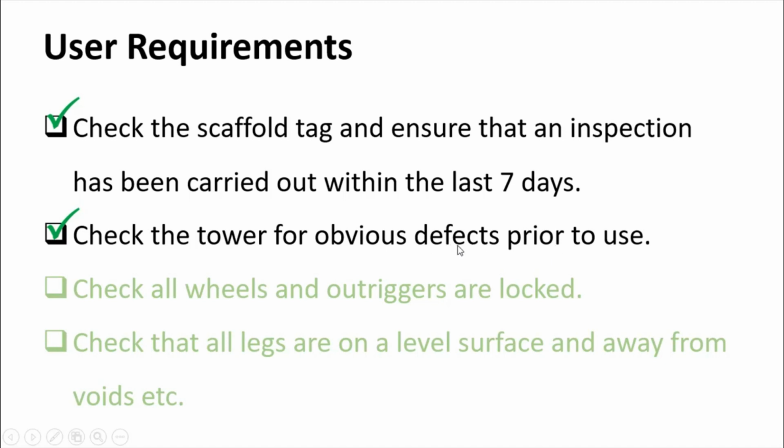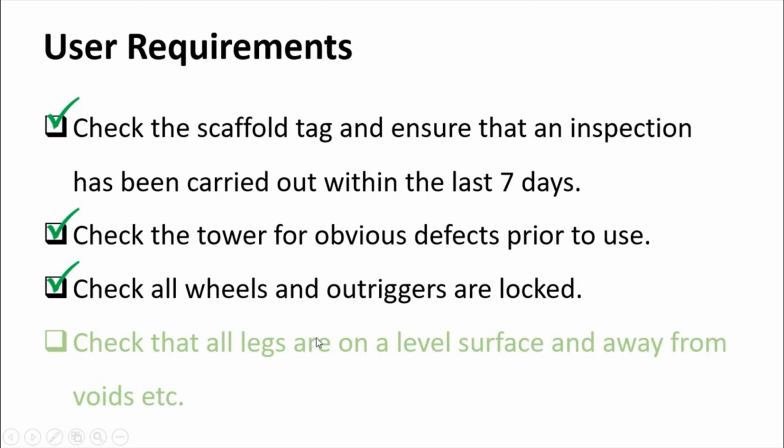Or if you find any defects, then you need to call a competent person to modify the scaffold or fix the defects, reassess the scaffold and again update the tag. Check all wheels and outriggers are locked before you go up.